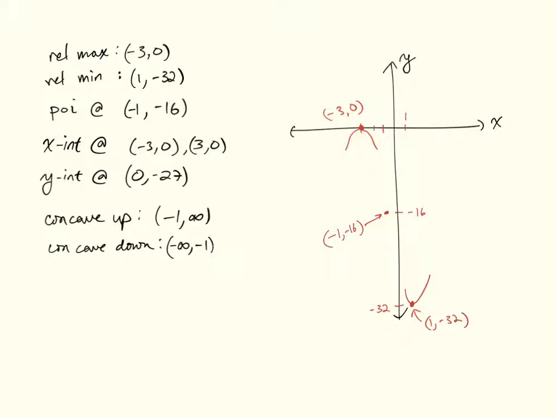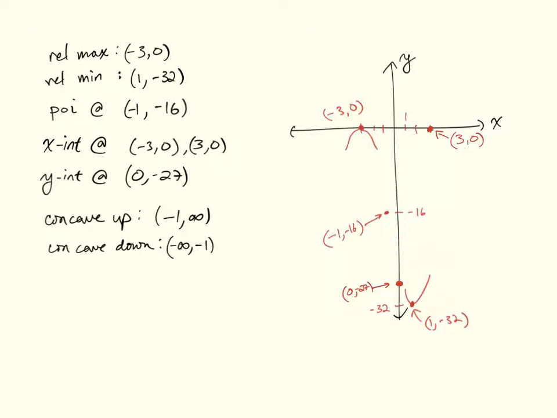There's already an x-intercept here at -3. The other x-intercept happens over here at positive 3. So I'm going to put a dot there, and I'm going to call this (3, 0). And then the very last point we need to put on the graph is the y-intercept at -27, maybe about right there. So this ordered pair is (0, -27).